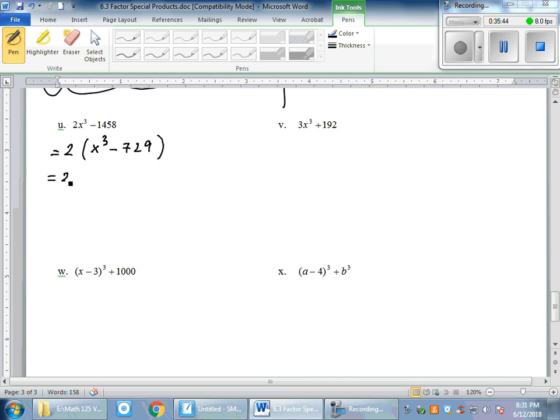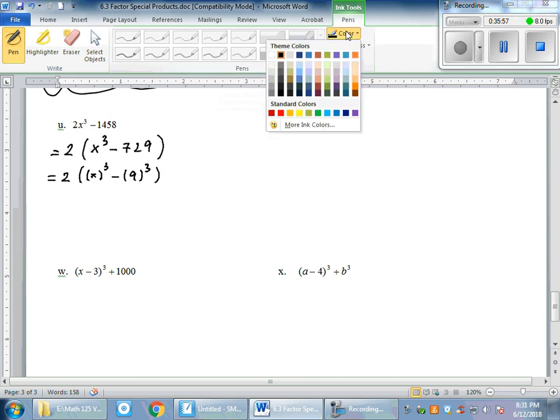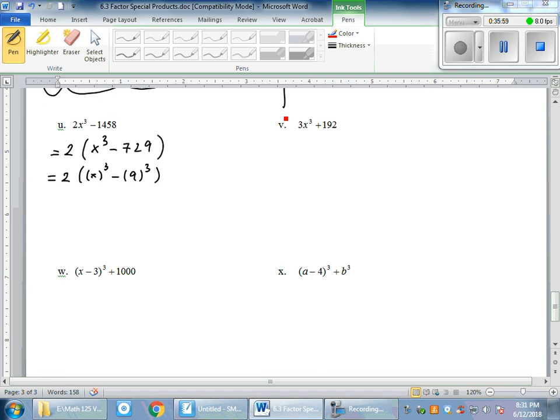So we can rewrite it as 2 times x to the third power minus 9 to the third power, so that I can see clearly what is my first and what is my last. So this is my first and this is my last.